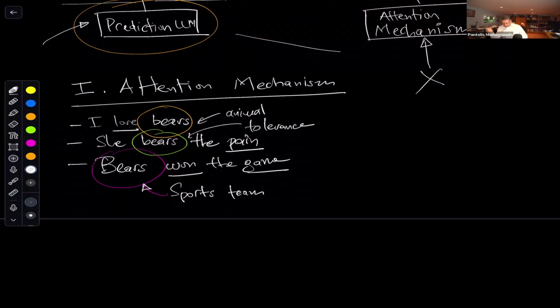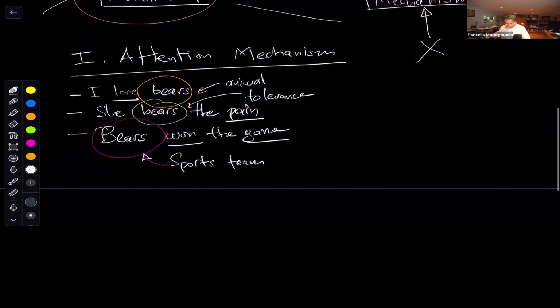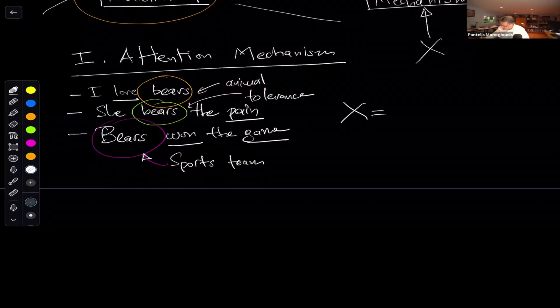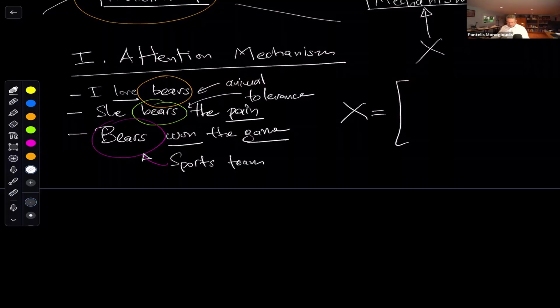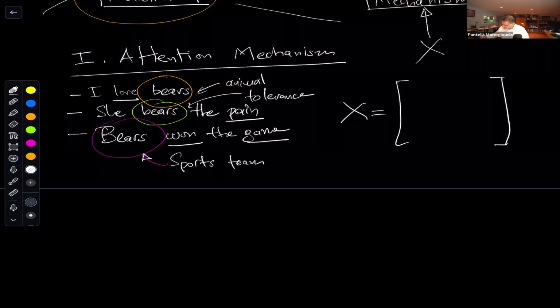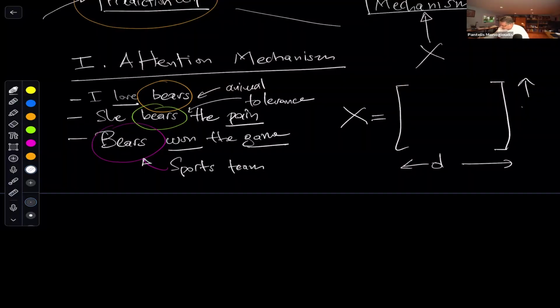So what we can intuitively understand here is that we need to definitely have a structure, what I called earlier a tensor, a capital matrix X, that brings together the context that we have at our input. And the dimensions of this matrix are going to be D columns, and we're going to have capital T rows.